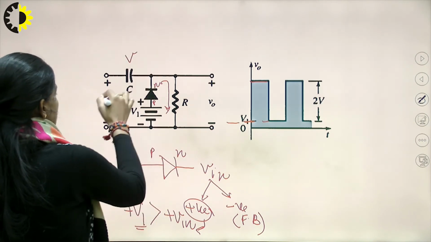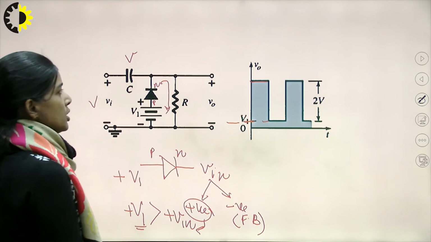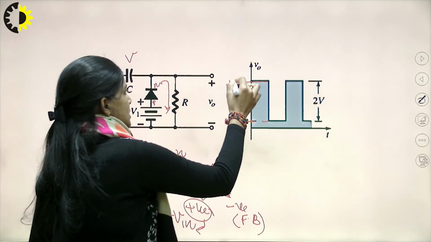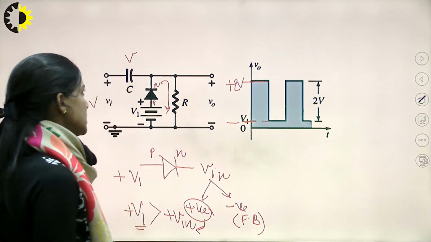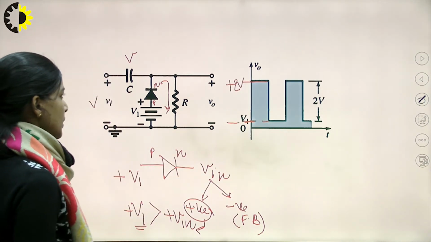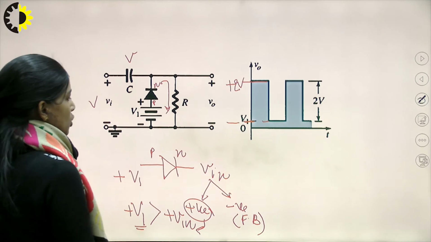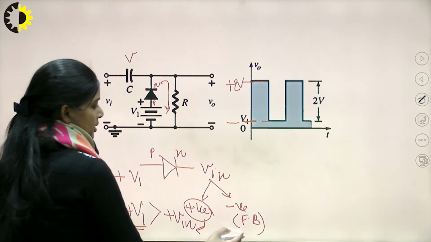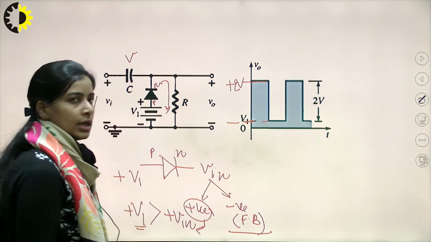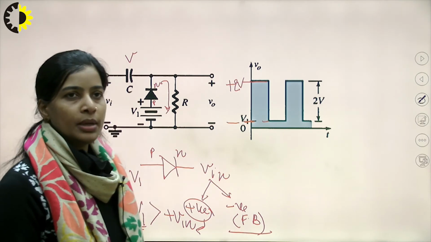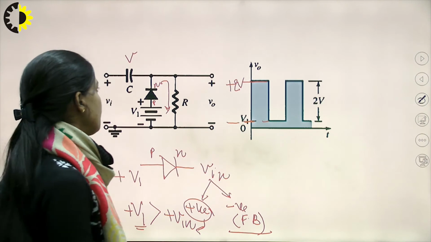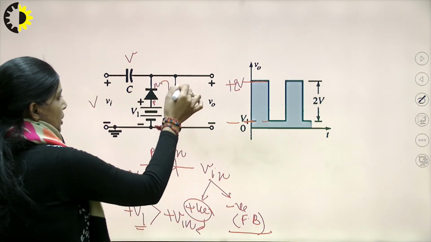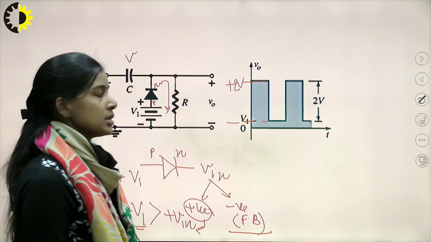This is V and here we have V, so that will be a positive 2 volts appearing across the load resistance. For the negative half cycle, as I said, for the complete negative cycle the diode will be forward biased and the current will follow this path, and there will be no current through the load resistance.